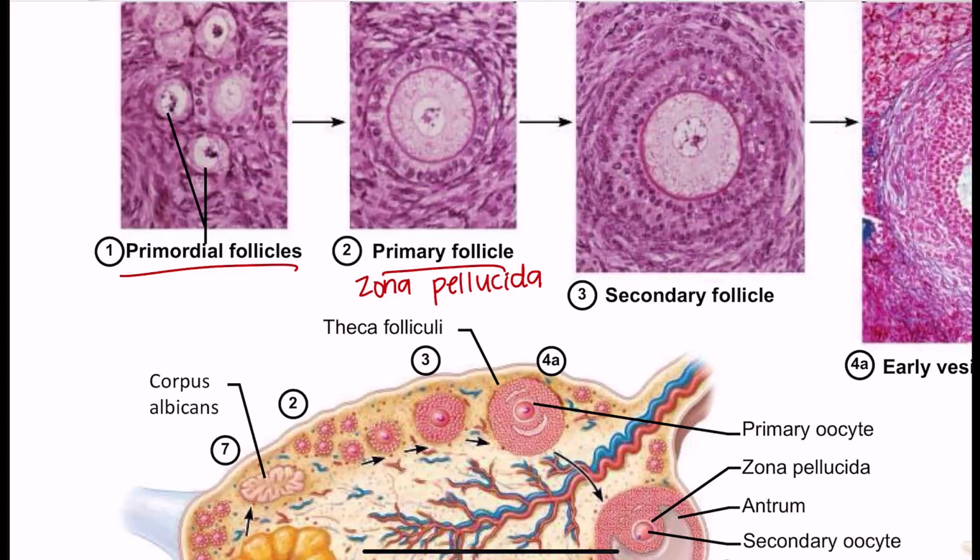Those cells around it are called granulosa cells. And all these cells do is support the oocyte's development. Lots of growth of the oocyte is happening here in that follicle.